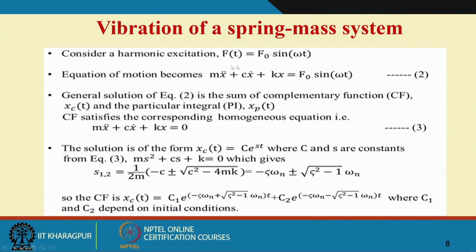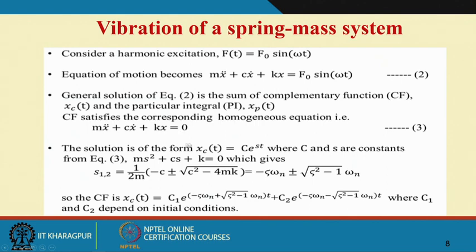But then if I give a harmonic excitation, why is it called harmonic? Because the external force is a function of sin omega t or cosine omega t. So, this becomes the equation of motion of the system. Equation 2 will have two parts to the solution. One is the complementary function, another is the particular integral. The complementary function satisfies the homogeneous equation when the right hand side is equal to 0.